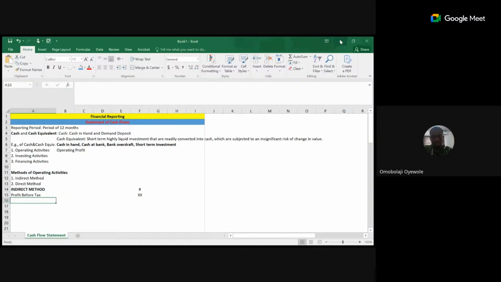Let's look at the format of an income statement. From the format of that income statement, I want to explain why we are starting from the profit before tax. Where is it? It's not here. I can't find it.